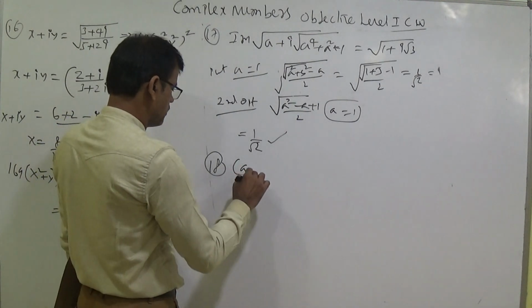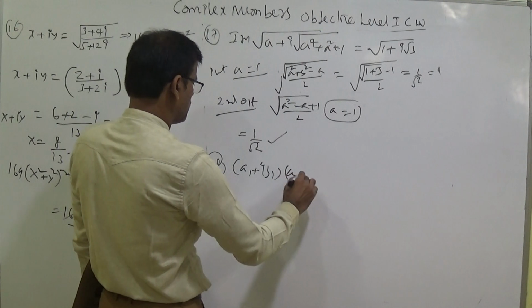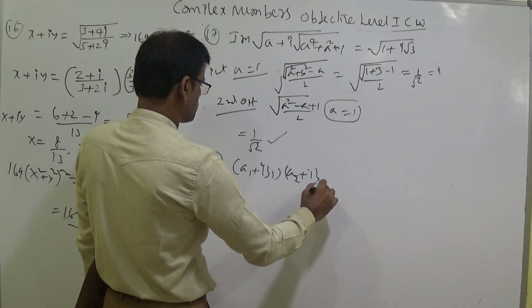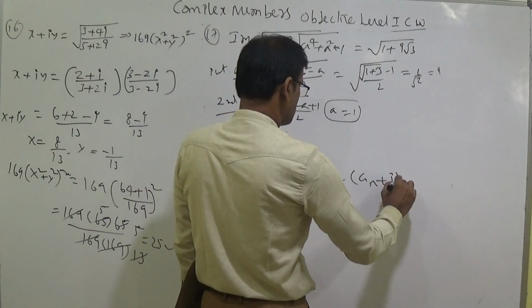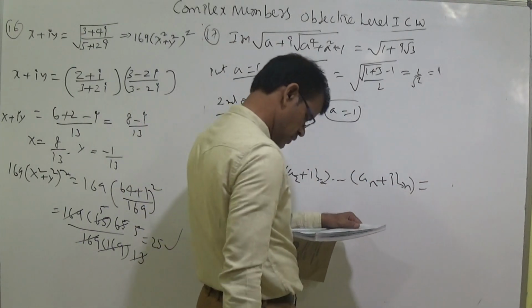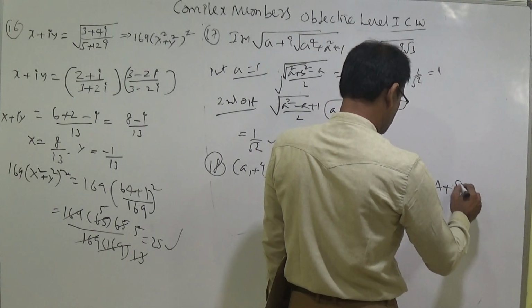a1 plus ib1, a1 plus ib1 plus a2 plus ib2 and so on, an plus ibn is equal to capital A plus iB.